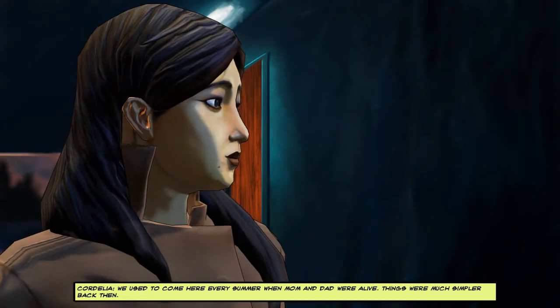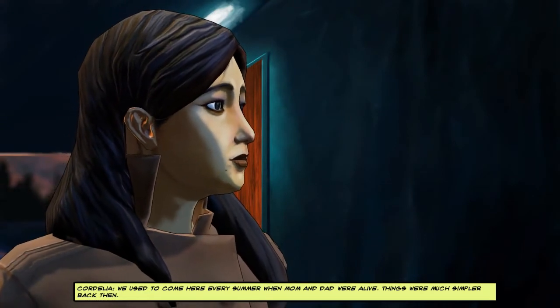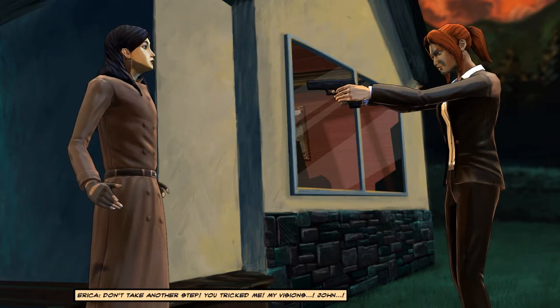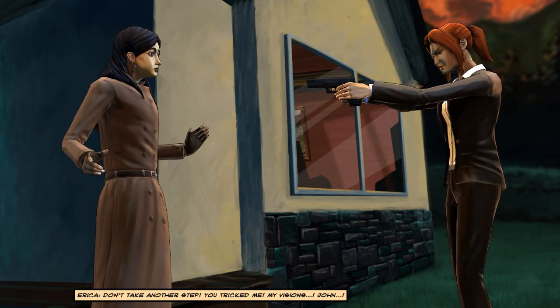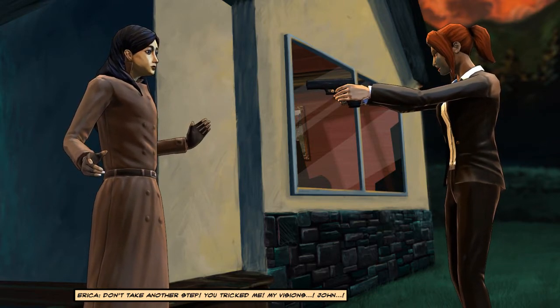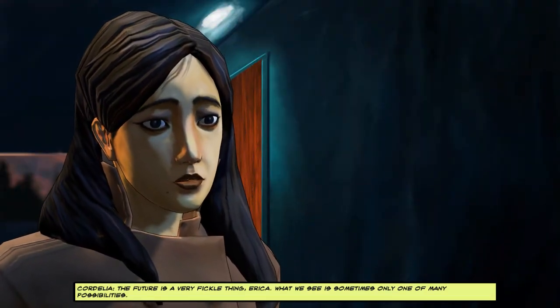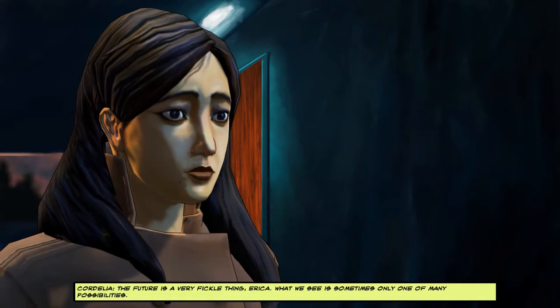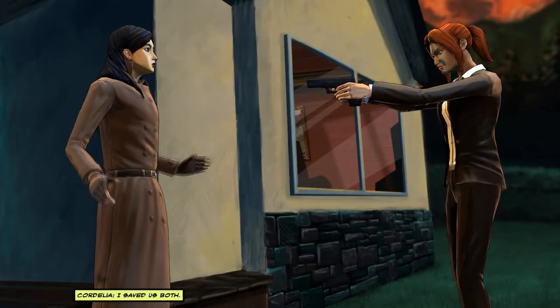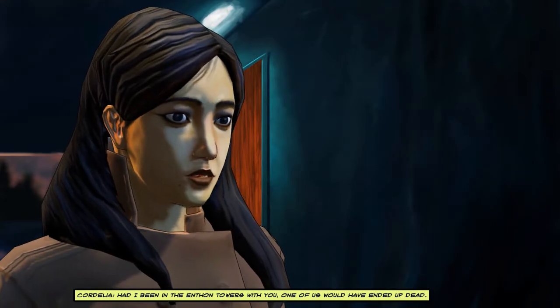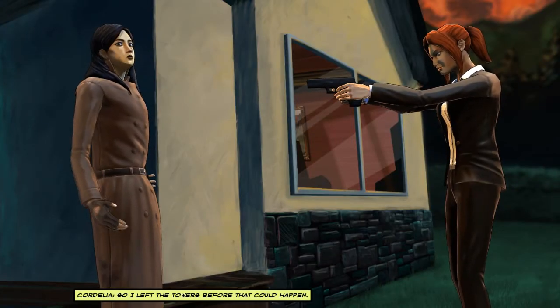We used to come here every summer when Mom and Dad were alive. Things were much simpler back then. Don't take another step. You tricked me. My visions? John! The future is a very fickle thing, Erica. What we see is sometimes only one of many possibilities. I saved us both. Had I been in the Enthon Towers with you, one of us would have ended up dead. So I left the towers before that could happen.